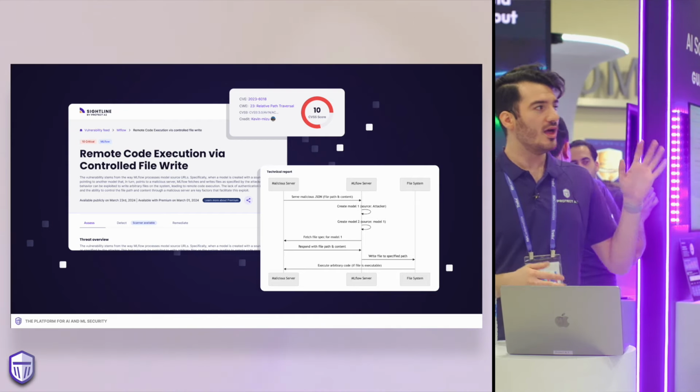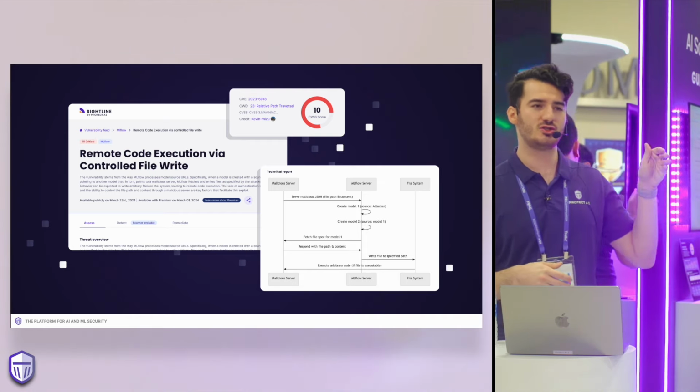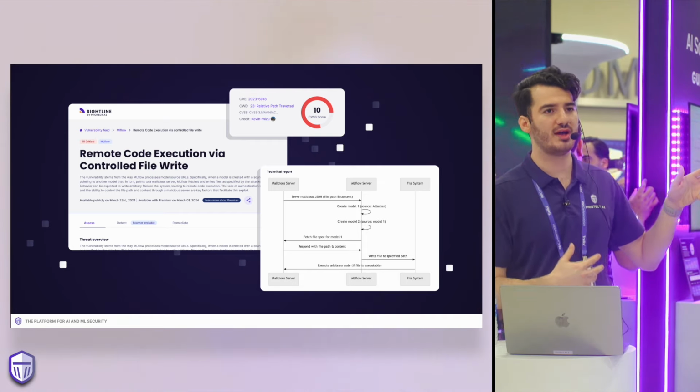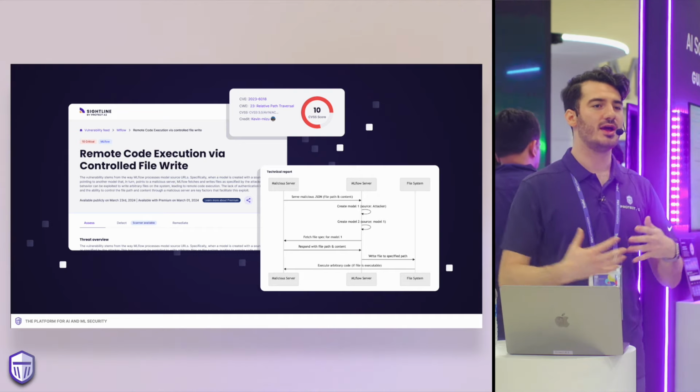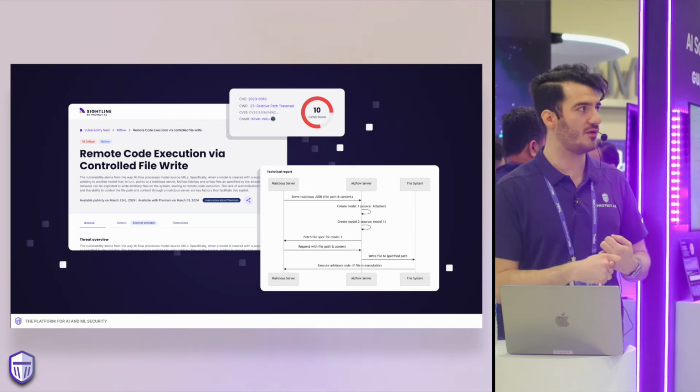This is an example of one of the AI ML security advisories that we create. They're super rich, yet they still incorporate the standards that are used within industry to, for example, measure severity or to classify the specific weakness type of the vulnerability.